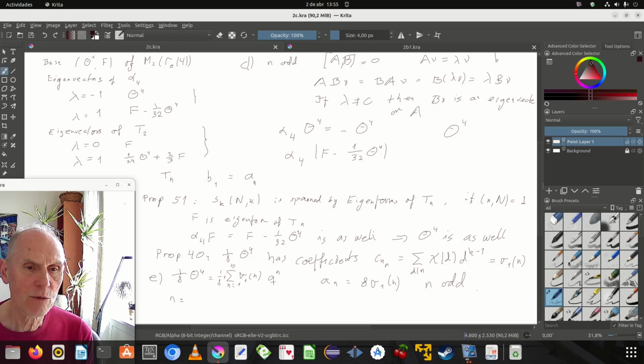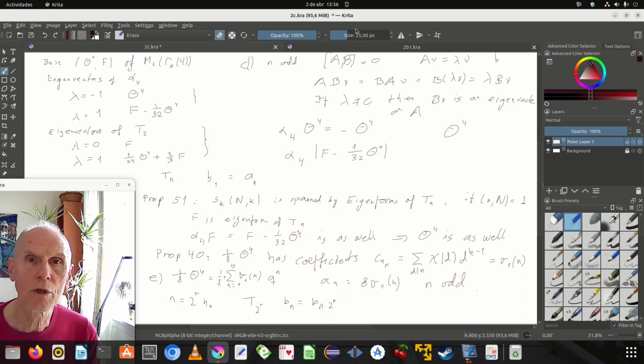If we have n equals 2 to the rth n naught, where n naught is odd, then we can use the operator T 2 to rth, because there we have b n equals a n times 2 to the rth, particularly b1 is a 2 to the rth.